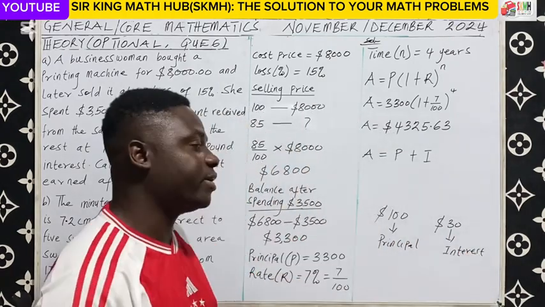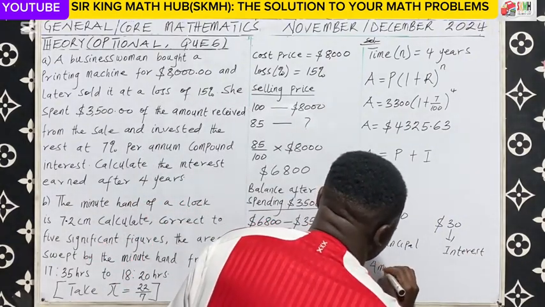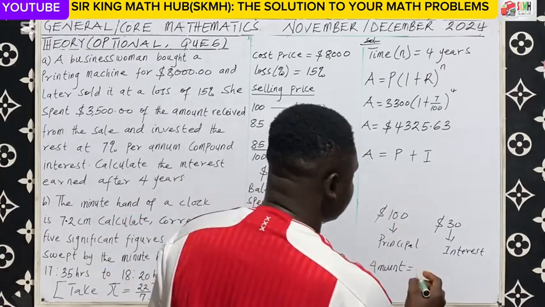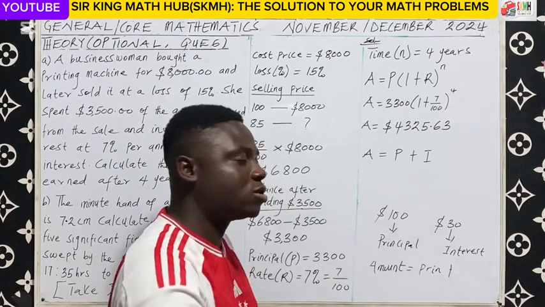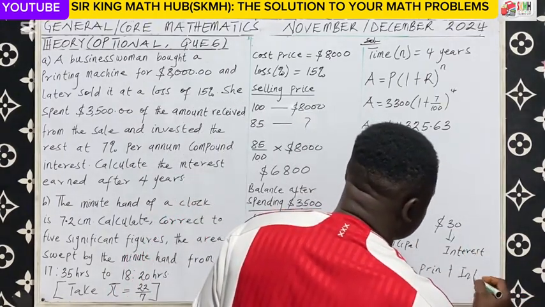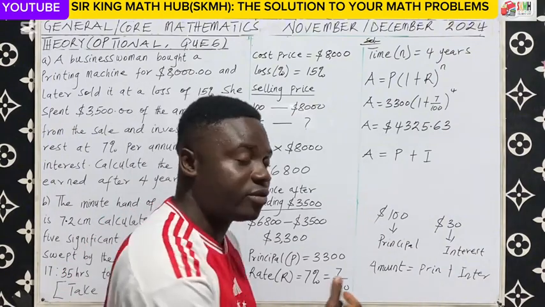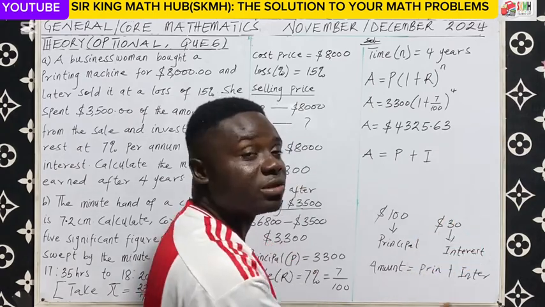So after the period of investment, what will be your total amount? Your total amount will be the money you invested, which is the principal, plus the interest you gained. So that will be your total amount. That is why the formula is so. The total amount is equal to the principal plus interest.